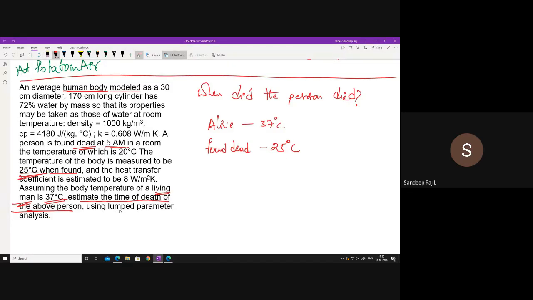And what he is saying is, using the lumped parameter system analysis, you solve this problem. He is asking you to consider this as a long cylinder. That is, the whole human body he wants you to consider as a cylinder itself. So this is a cylinder.